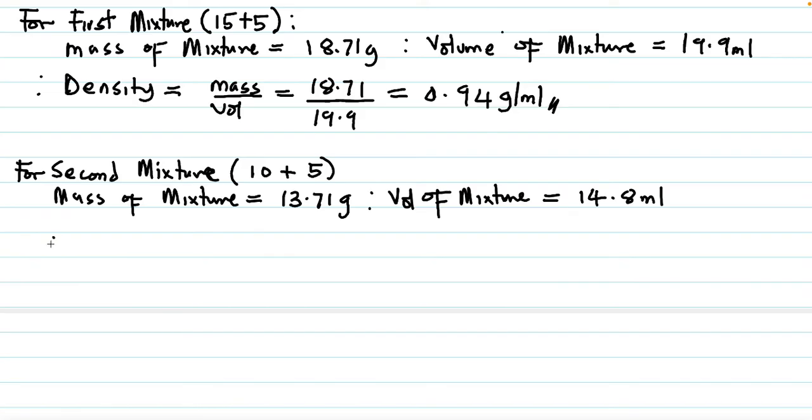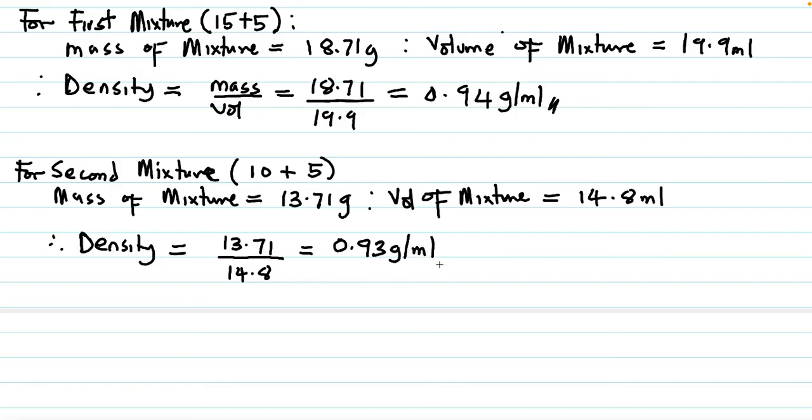All right, so we say density of the second mixture. Remember, density is mass over volume. Mass of the mixture is 13.71, volume is 14.8. So we have 13.71 divided by 14.8, which gives 0.926, which is approximately 0.93 grams per mil.